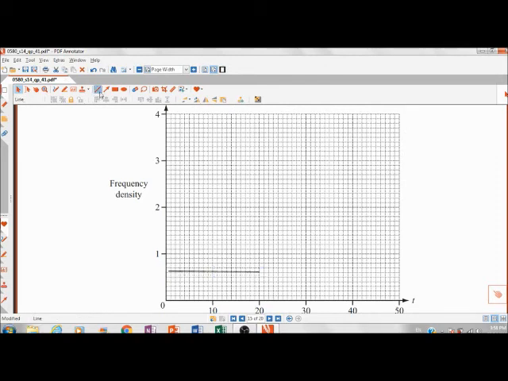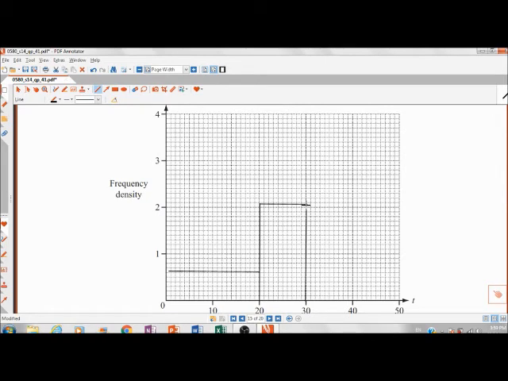The second one is 2.1, from 20 until 30.